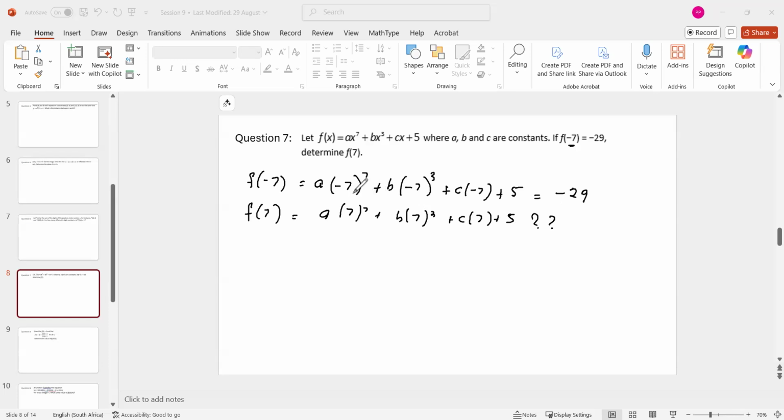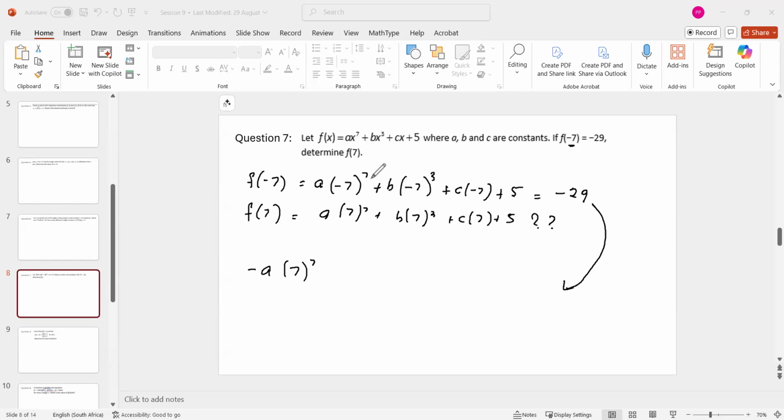Now, let me try to simplify this thing here. This is a times -7 to the power of 7, which is a times 7 to the 7, but there's a minus sign in front because the -1 is raised to the power of 7. That's an odd number, so -1 raised to any odd integer is -1.